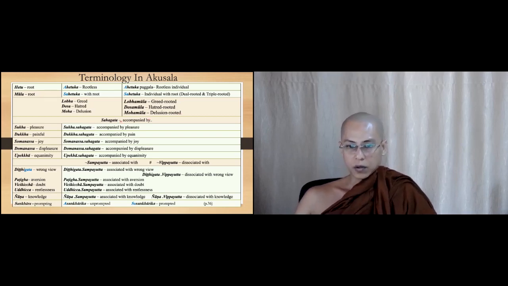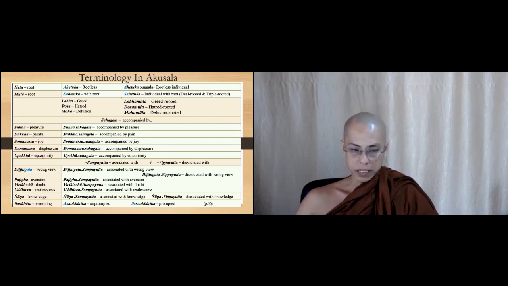In the classification of unwholesome consciousness, you will find the word sahagata. Sahagata, in translation, means accompanied by. This word comes together with these terms: sukha, pleasure; dukkha, painful; somanasa, joy; domanasa, displeasure; and upekkha, equanimity.